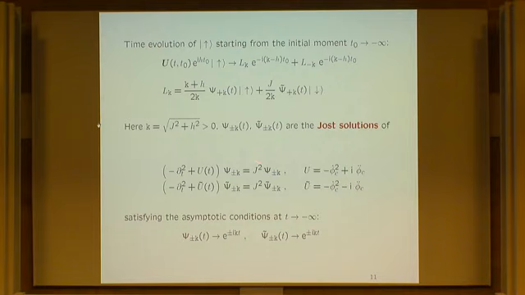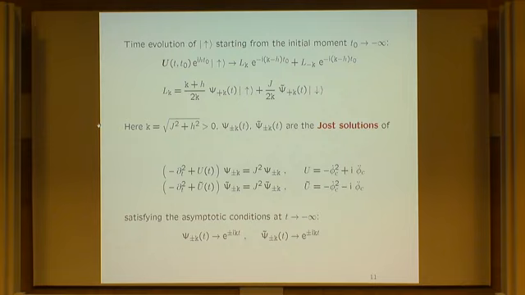Anyway, what we need to do is take these equations and consider the solution satisfying certain asymptotic conditions when t goes to minus infinity. It behaves like a plane wave, where k is g squared plus h squared.